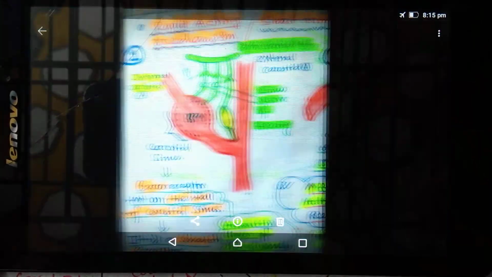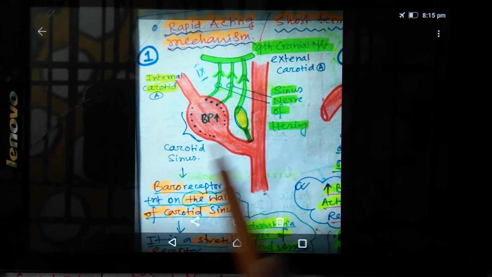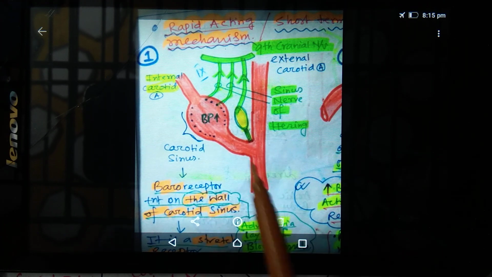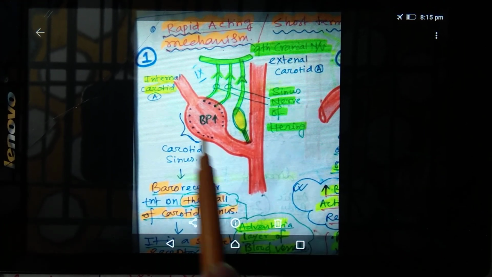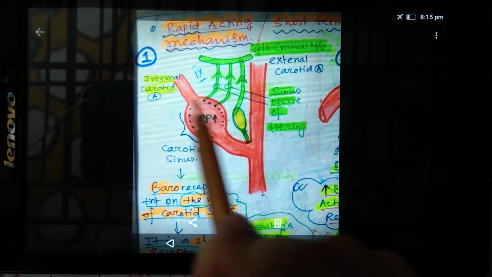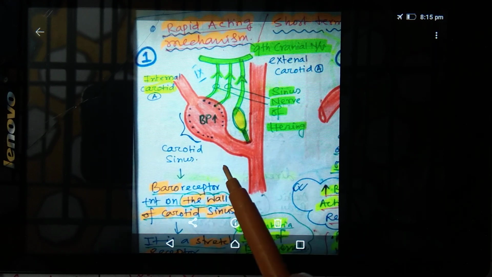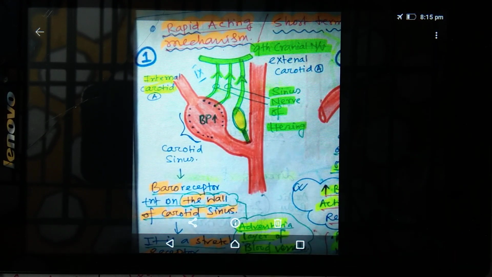So this is the carotid sinus, and it is nothing but a dilatation of the internal carotid artery. In the wall of the carotid sinus, stretch-sensitive receptors or mechanoreceptors are located. These receptors are sensitive to change in pressure.